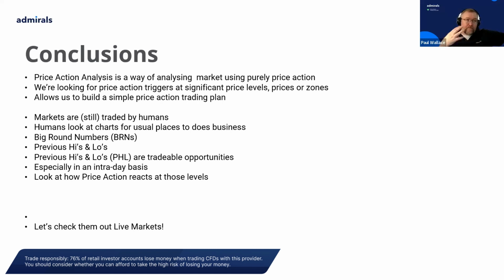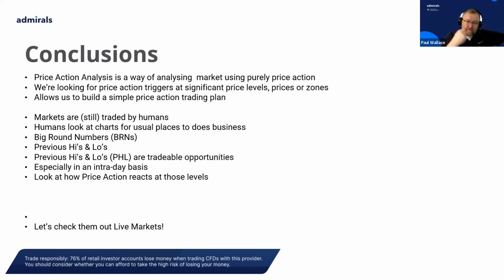But in conclusion, price action analysis is a way of analyzing markets using purely the price action over time. And we are always looking for price action triggers at significant levels, prices, or zones. This is just another variation of that today, looking at price action triggers at significant levels: previous days', previous weeks' highs and lows. Remember, markets are still traded by humans, even if algo execution has increased massively.